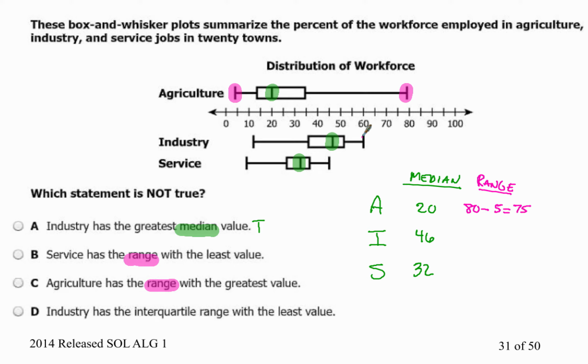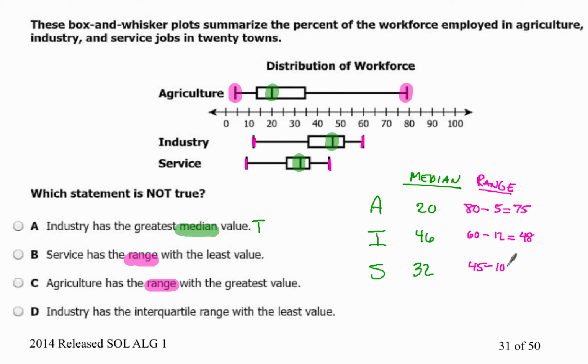Now industry goes from 60 all the way down to a little bit more than 10, say maybe 12. If I do that difference, 60 minus 12, that gives me 48. And then service ranges from the upper end, about 45, all the way down to about 10.